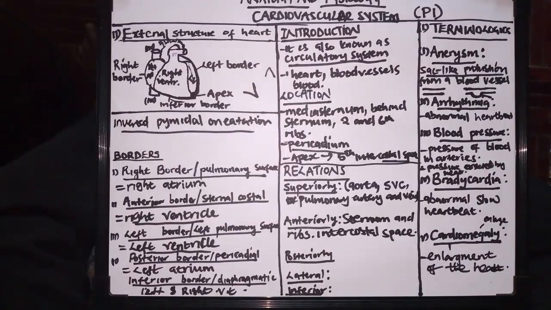Then we have also posterior. Posteriorly, the relations or the organs which are behind the heart, they are a lot. This is where you need to know. But a simple way you can know is that this is anatomy and it's basically practical knowledge. You know that behind the heart there should be an esophagus, a trachea, left and right bronchus, and you also have the descending aorta and the inferior vena cava.